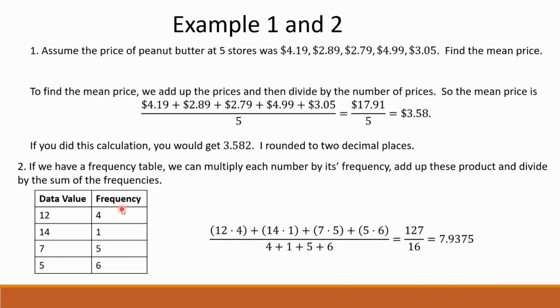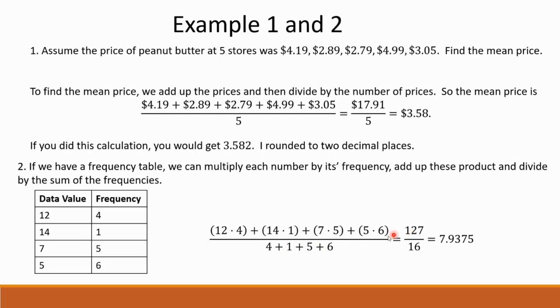And then how many data values are there? Well, that's from the frequency, right? We just add the frequencies together. If you add the frequency, that's how many data values there are. Doing so, we get 4 plus 1 plus 5 plus 6.